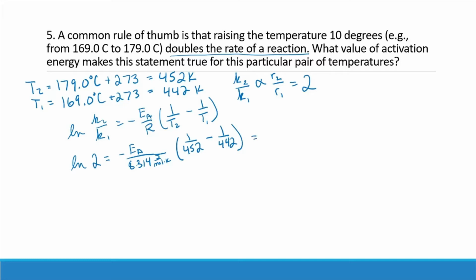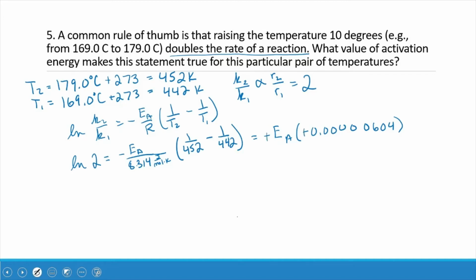And so then this simplifies down to negative Ea times negative 0.0000604. And that's from doing 1 over 8.314 times the inside from the temperature difference.